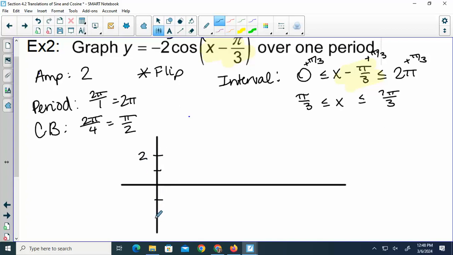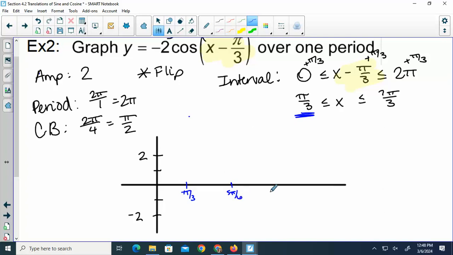Amplitude is 2. High point positive 2, low point negative 2. Interval. My first point is going to be at pi over 3, like 60 degrees. And then to get the next one, we are going to add pi over 2. So pi over 3 plus pi over 2. 1/3 plus 1/2, 5, 6.